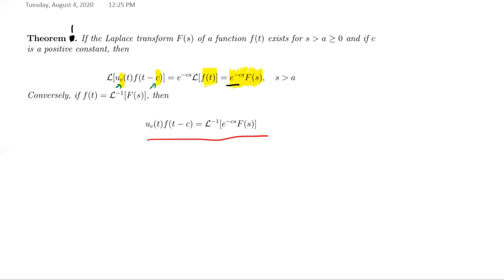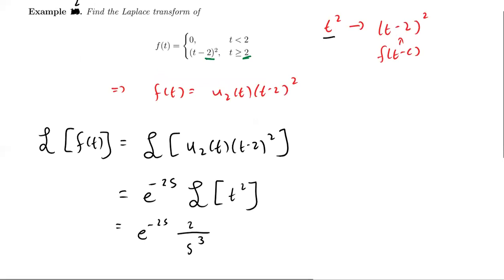And then similarly, we also get a Laplace inverse definition, assuming that your function f is continuous. So we did an example of this. We went over this example. We saw that this function f satisfies the conditions because the time in which we start the function matches the shift in the function inside the piecewise definition. So we went over all that.